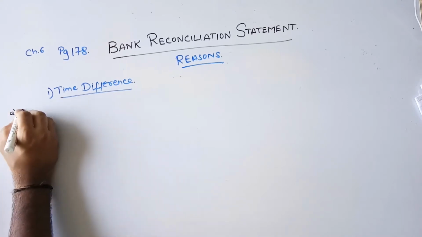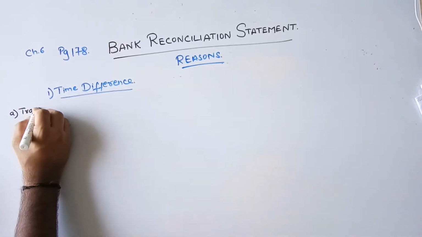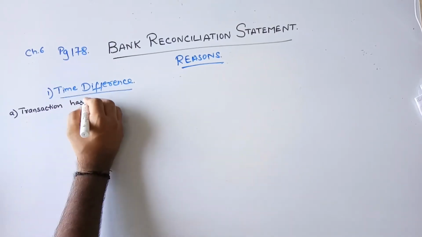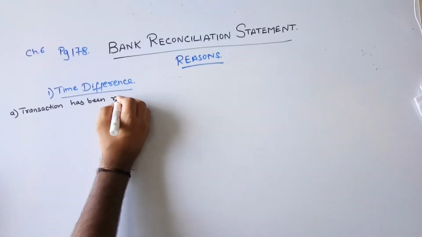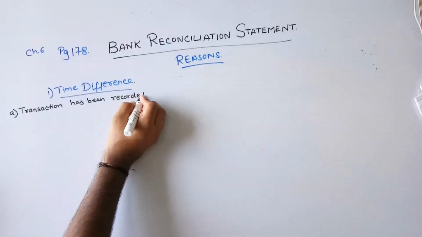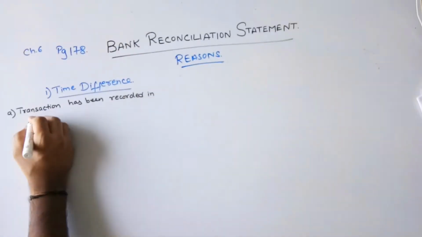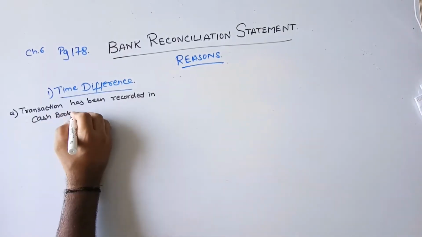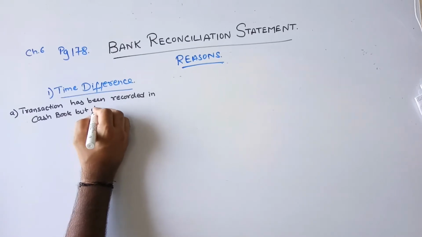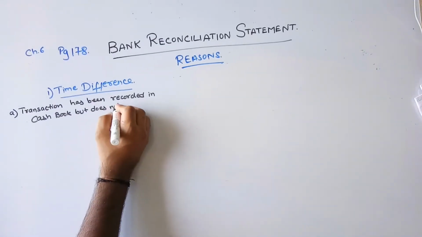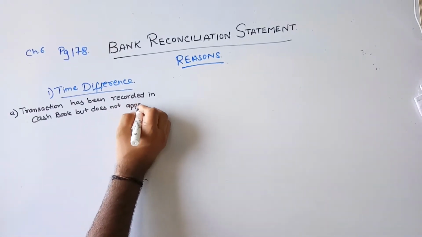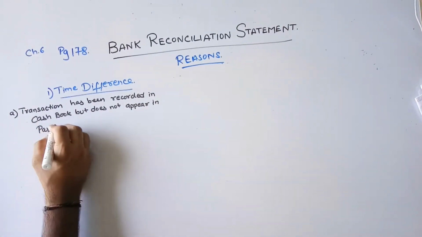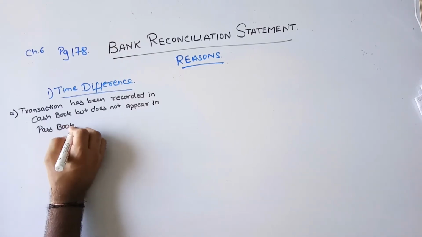The transaction has been recorded in cash book but does not appear in passbook. Please understand this statement what I have written over here right now.